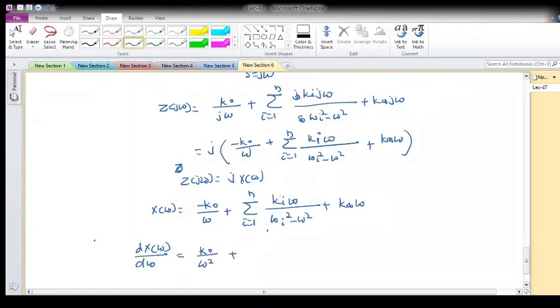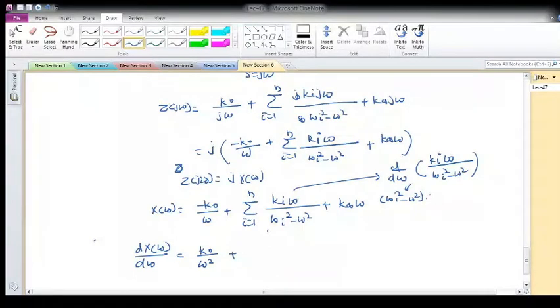What about the differentiation here? The differentiation of ki omega divided by omega i square minus omega square is the derivative of u upon v. So second function, which is omega i square minus omega square, into the derivative of the first, which is ki, I will write.